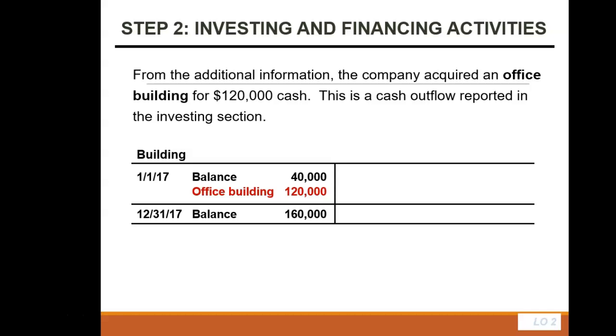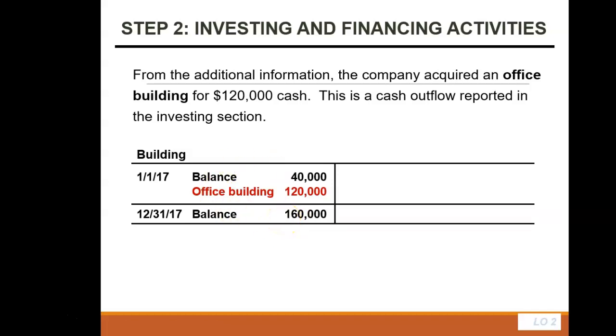When you think about your investing activities, you're now focused on, again, your long-term assets, such as your property, plant, and equipment assets, any long-term investments, and any intangible assets. For example, when you look at the comparative balance sheets for the building account, it showed the building beginning balance was $40,000. The ending balance was $160,000.